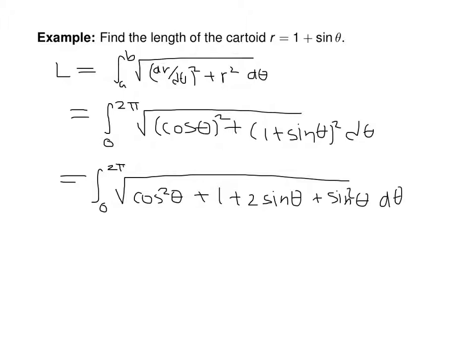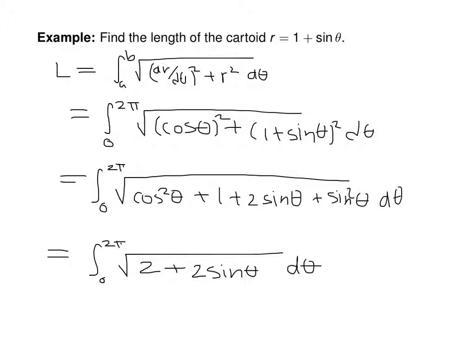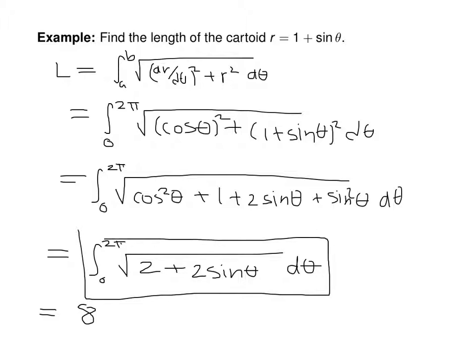And cosine squared plus sine squared is 1, so this gives us the integral from 0 to 2 pi of the root of 2 plus 2 sine of theta d theta. And if you're brilliant, this integral actually works out to be 8, but I think getting it set up and simplified is totally good enough for me.